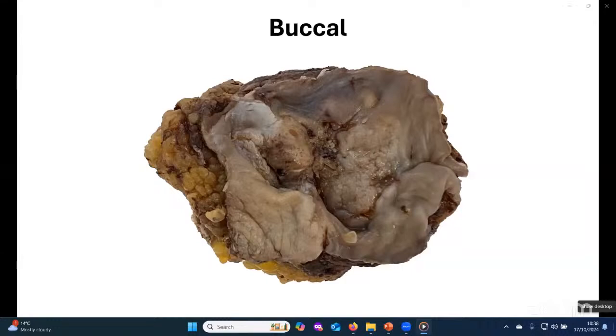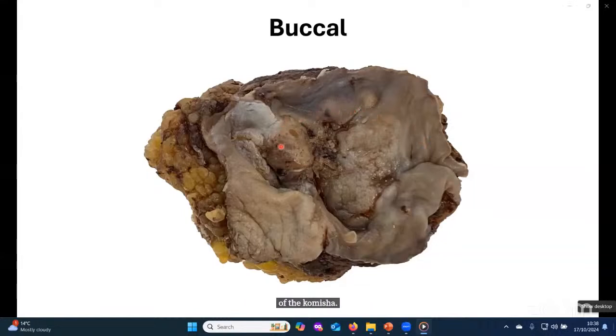This is an example of a resection for a buccal carcinoma. On first looking at the specimen, this may be difficult to orientate, but the curvature on the lower right side here represents the lower lip, with part of the upper lip here, and the commissure.